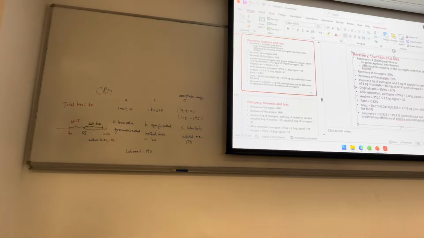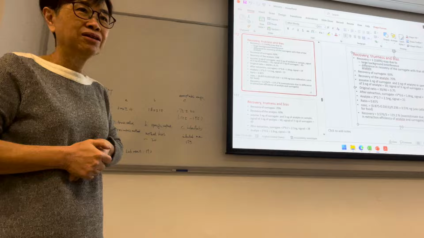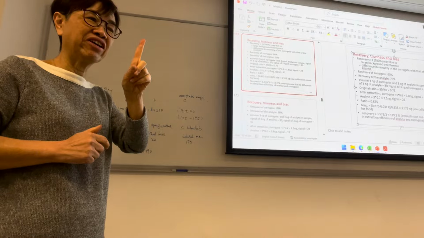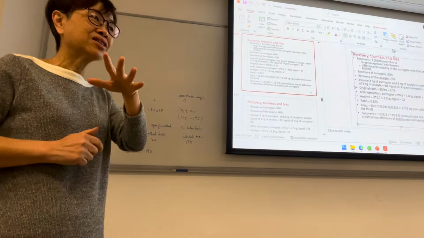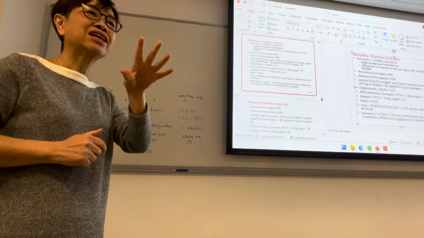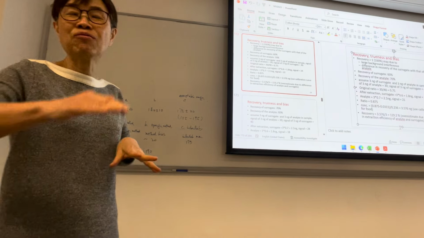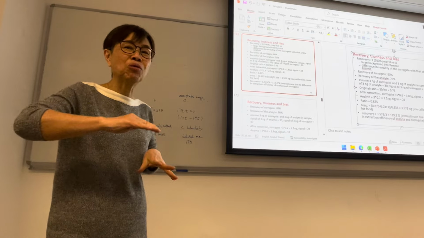So it does happen for multi-element. For multi-element, if we use only one surrogate for 4 to 5 analytes, somehow the performance cannot be exactly the same for all the 5. Some will be closer, some will be higher, some will be lower.